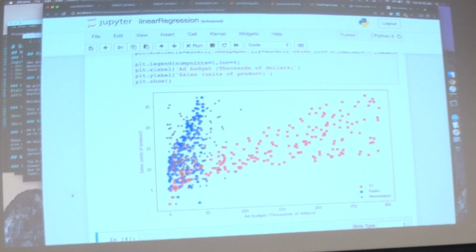What do we see about the relationships between the various media? Do we tell anything about TV versus radio versus newspapers? Radio might be more cost effective. Why do you say that? It looks steeper. So it looks like a smaller increase in ad budget here translates to a bigger increase in sales over here.